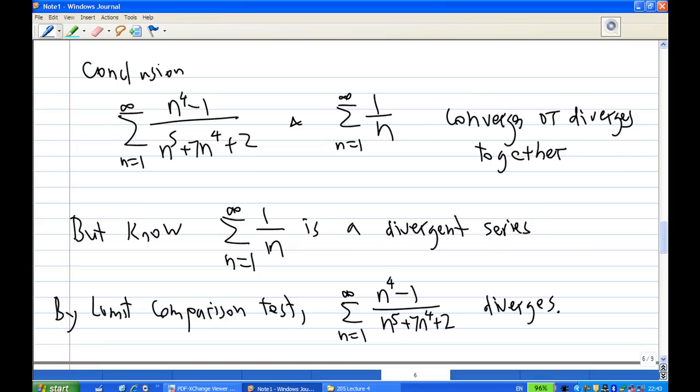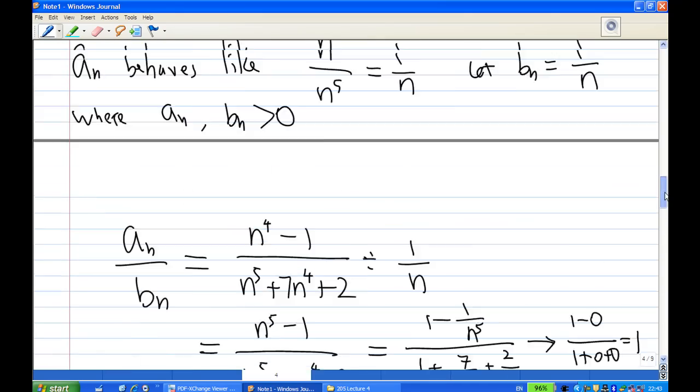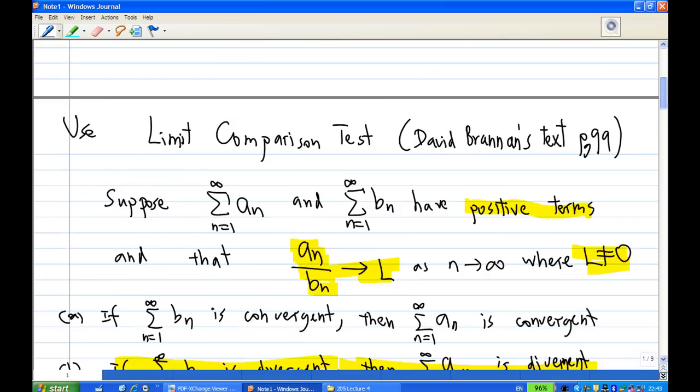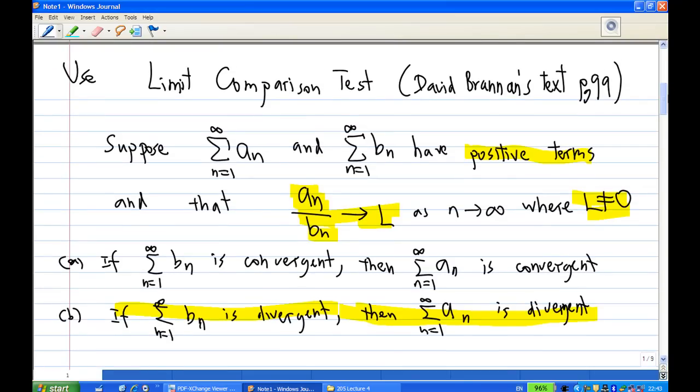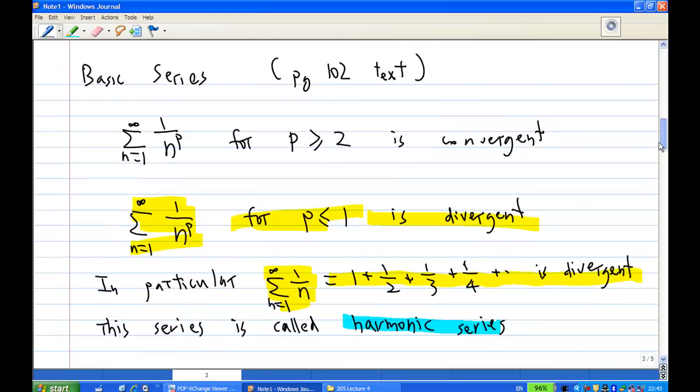So let's recap what law I'm using here. I'm using the limit comparison test, which requires both series to have positive terms, and the limit of an over bn to converge to L, where L is not equal to 0. The conclusion is that both series will converge or diverge together. I also showed how to decide what series to compare with.